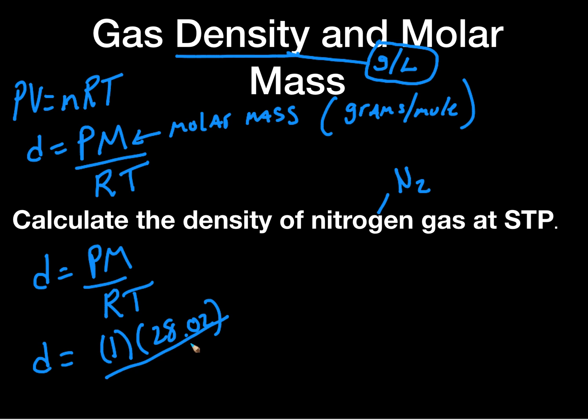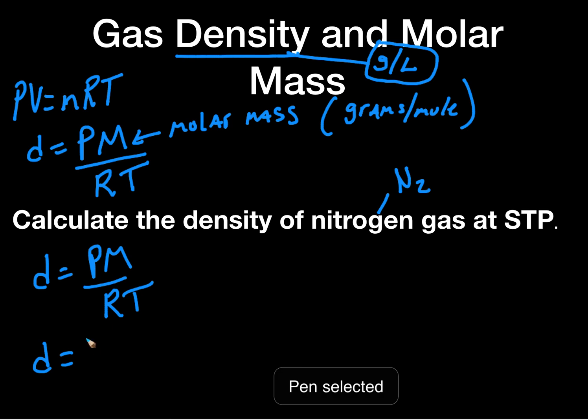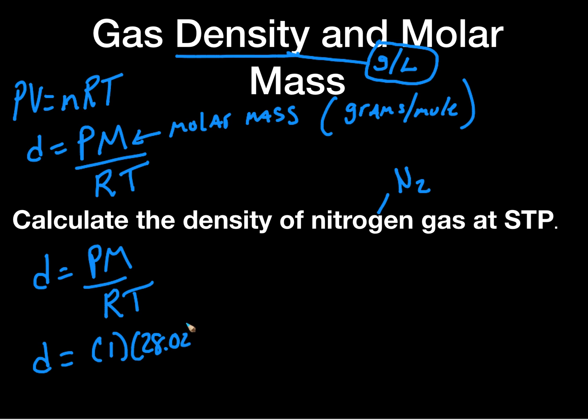Now our gas constant, since it's going to be in atm, we will use 0.08206. Now, temperature, since it's at STP, is 273.15.